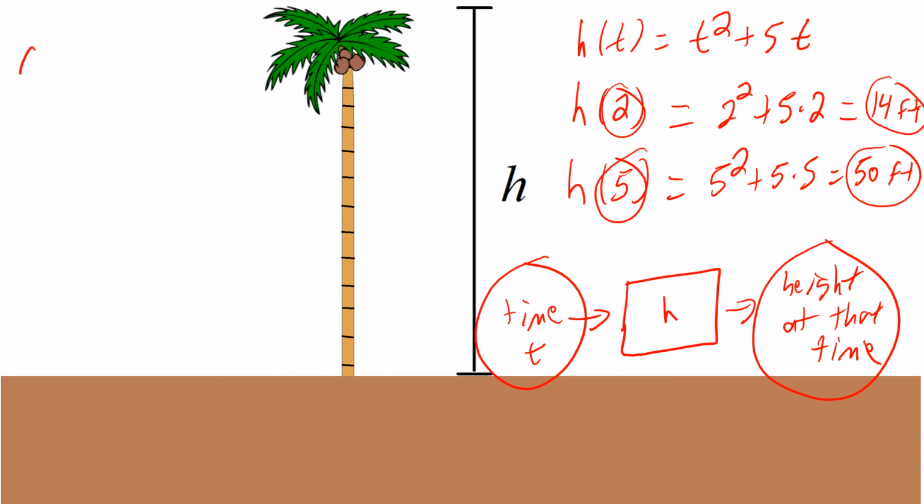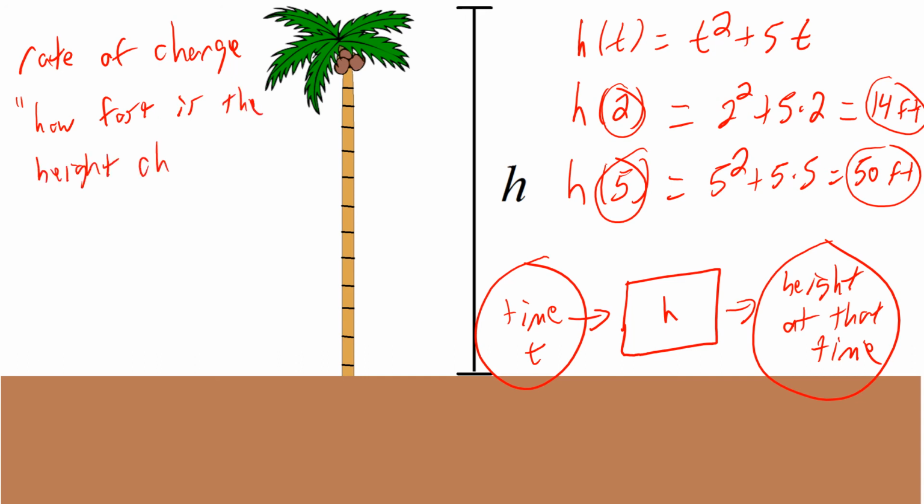So rate of change, in this problem anyway, would mean, how fast is the height changing? In other words, how fast is the tree growing? And the derivative will tell you that.